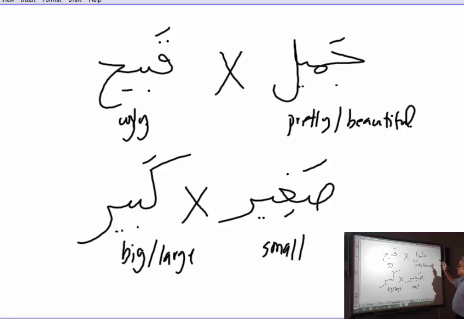So you can see Jamil, Qabih, Saghir, Kabir. These are adjectives. And in Arabic, actually, we consider all the adverbs, adjectives, and nouns as nouns because they behave in the same way when it comes to the case marking.